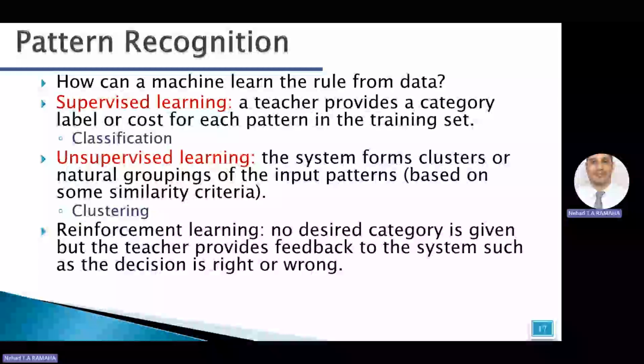Same issue here. In reinforcement learning, we don't need to make any categories. We give the system or the machine feedback when it takes a decision, that this decision is correct or not correct, and the machine will learn the right and wrong things from this feedback.